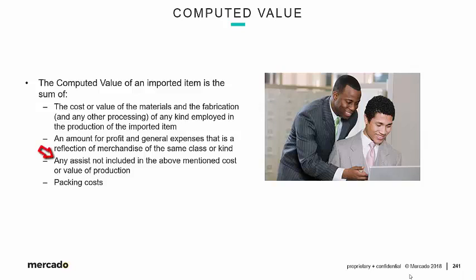Any assist not included in the above-mentioned cost or value of production, and packing costs. One could argue that in spite of the preferred sequence we spoke of from CBP, that computed value might be a little bit more accurate than deductive value. That's an argument that can be made. We are not stating it as a factual statement.